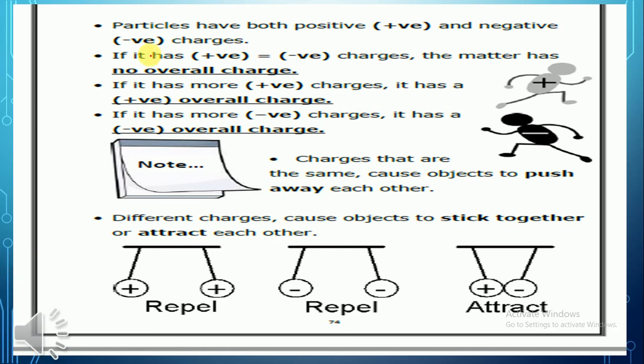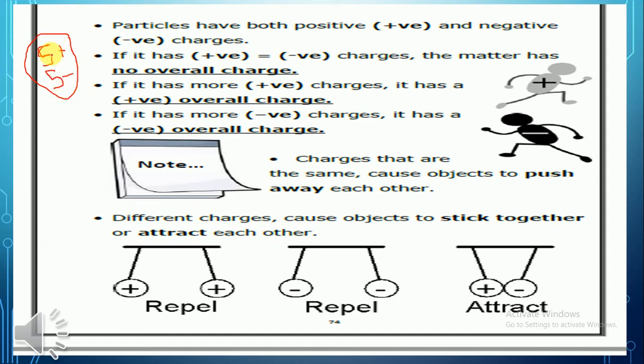Okay, if we have here a particle, guys, and we have 5 positive charges and 5 negative charges, this means no one has more.